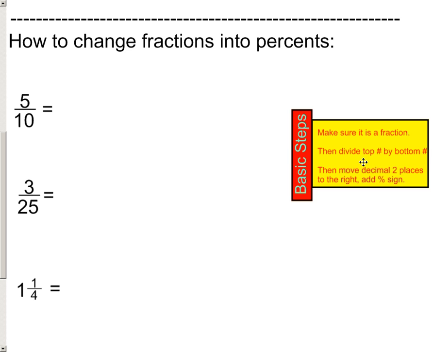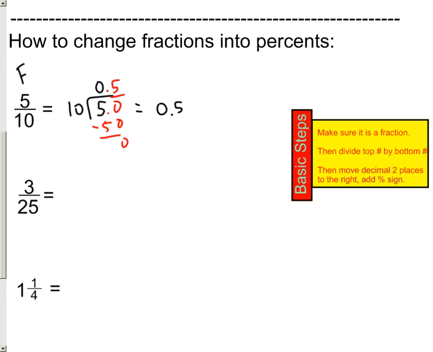Next up, divide the top number by the bottom number. So 5 is going to be divided by 10. 10 goes into 5 0 times, so let's get our decimal in place there and add the zeros. 10 goes into 50 5 times, nothing's left over, so I know that 5/10 as a decimal is 0.5. Well, that's not a percent. We want to go from a fraction to a percent.